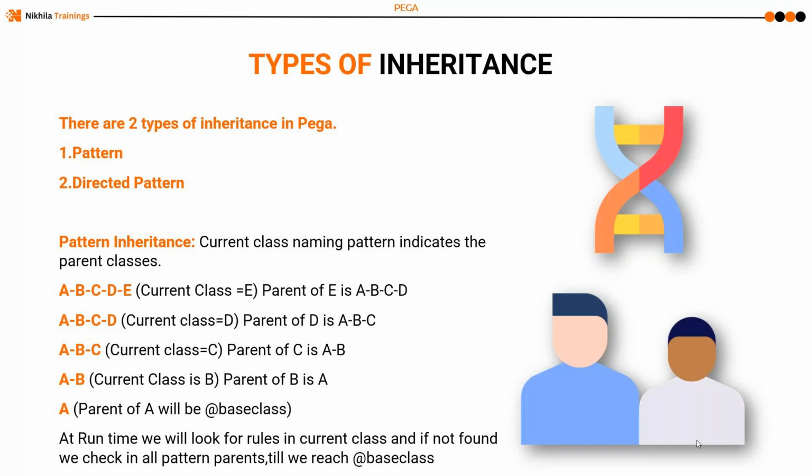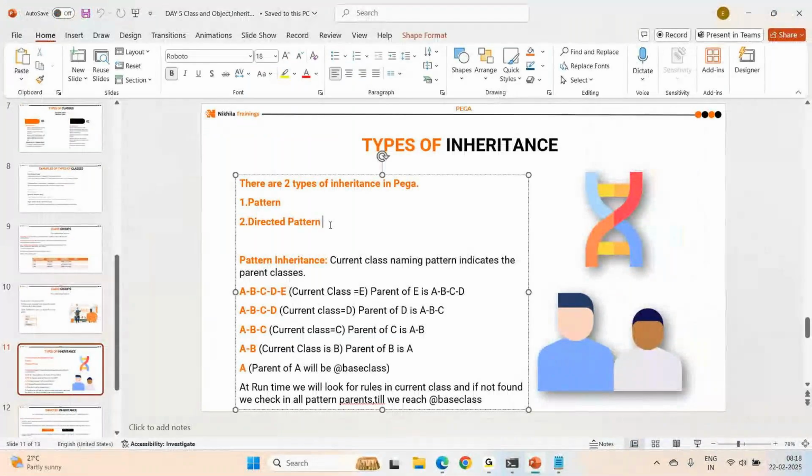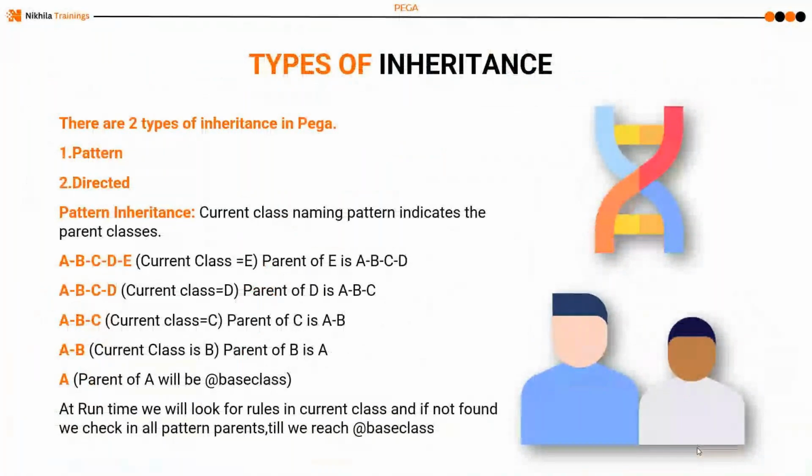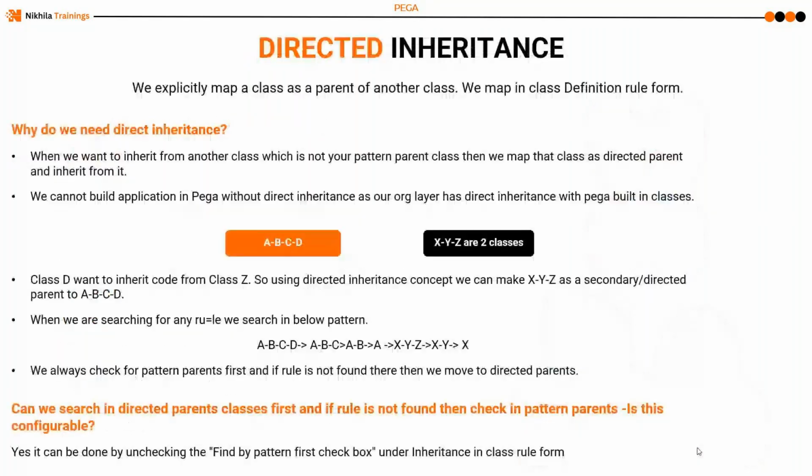Directed inheritance means you want to make some other class your parent. It's not in your inheritance path, but I want to pull it and reuse the content from it. How can you do that? You explicitly go and map it under the class definition, and that becomes your directed inheritance.